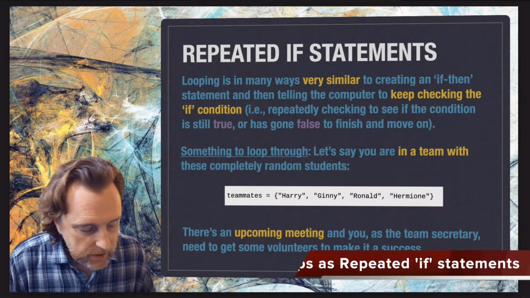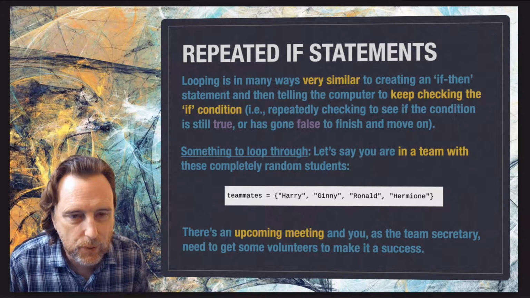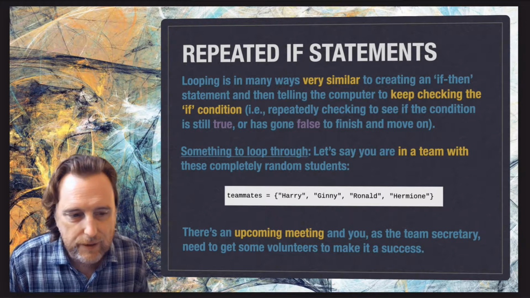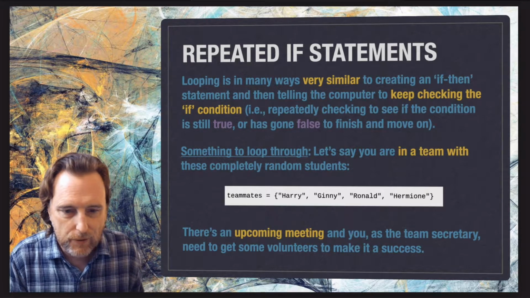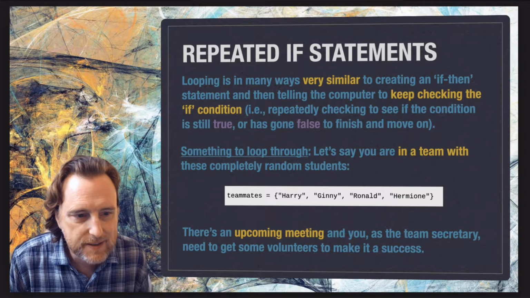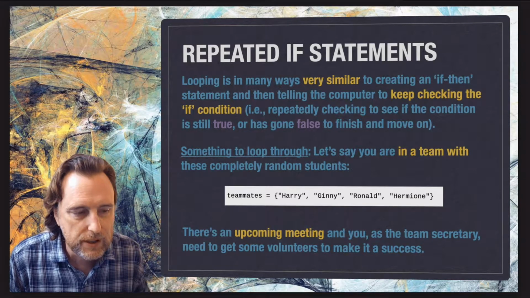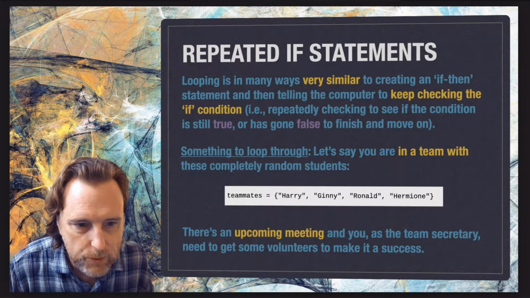So one more, not really an analogy, but a way to think about loops or repetition. You could think of any of these as something like a repeated if statement. We learned if statements over the last week, and the if statement just tests some Boolean condition, and if it's true, the if statement then runs some code. There are more complex permutations of that.